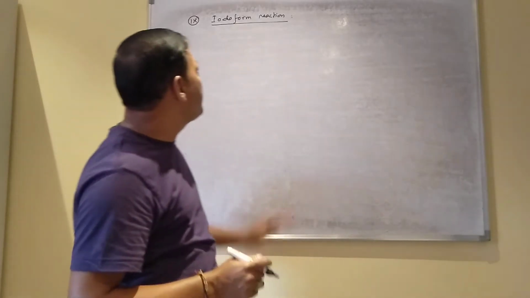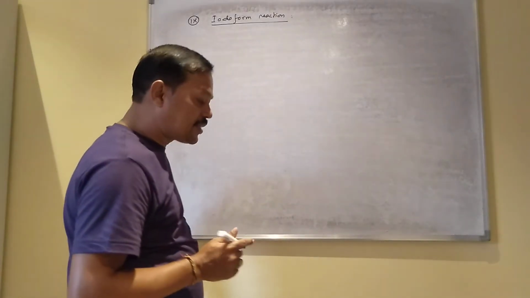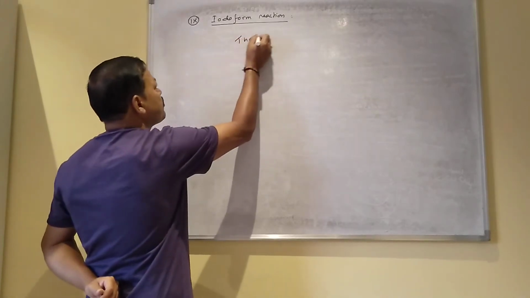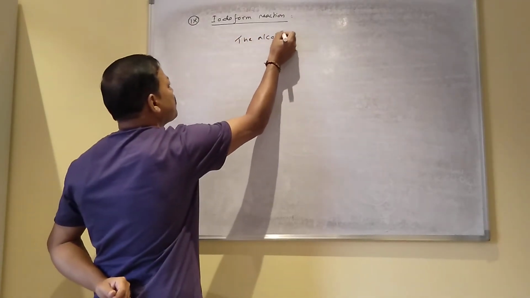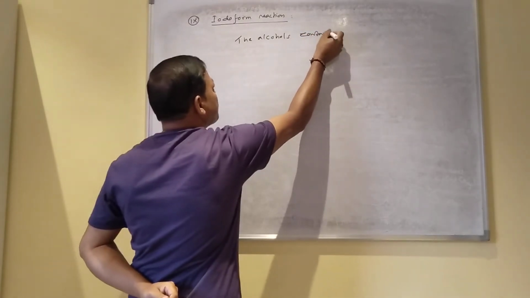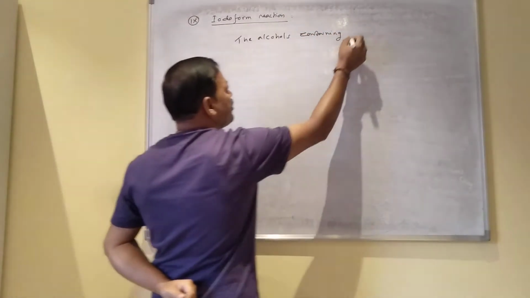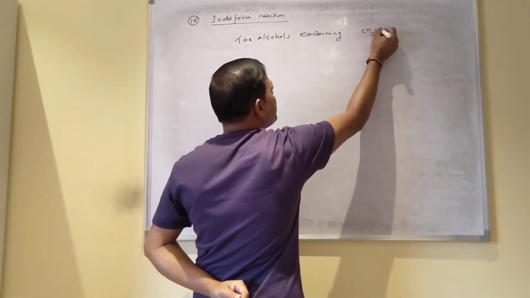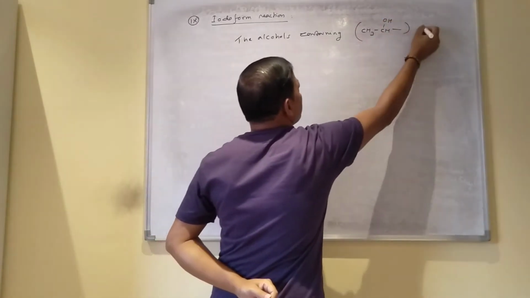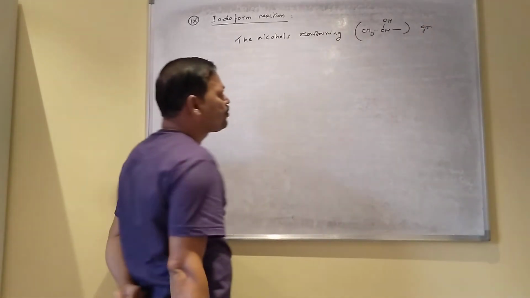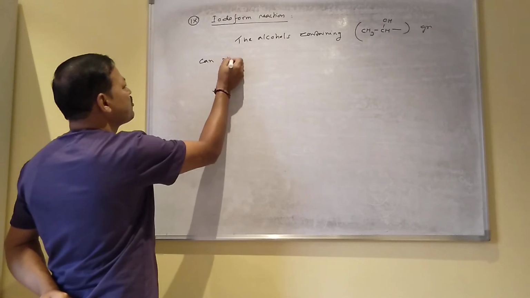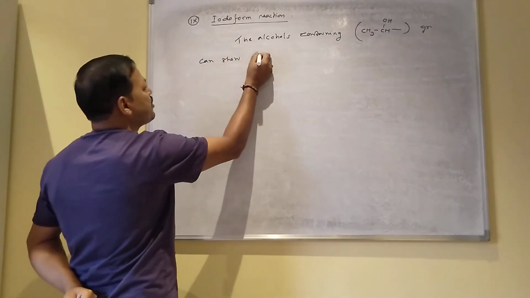So now I'll tell you what the iodoform reaction is. The alcohols containing this group, CH3CHOH, can show the iodoform reaction.